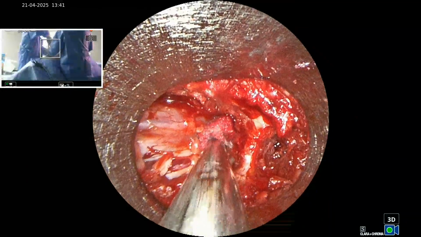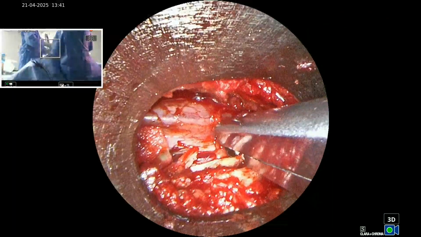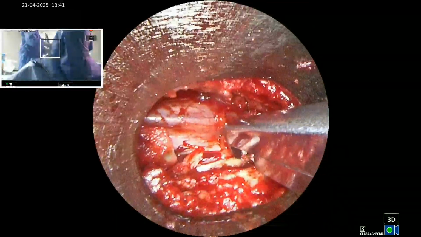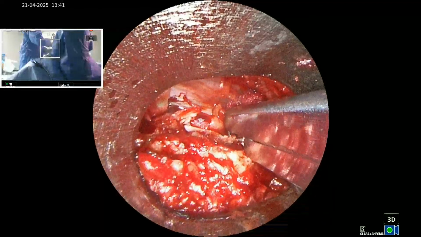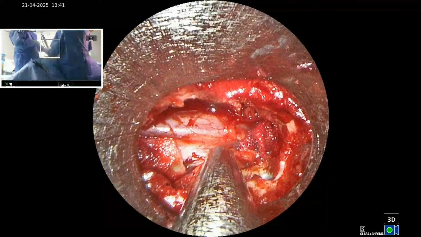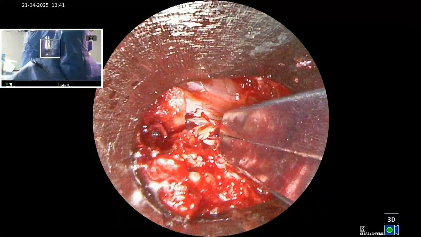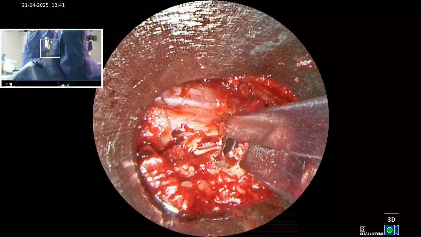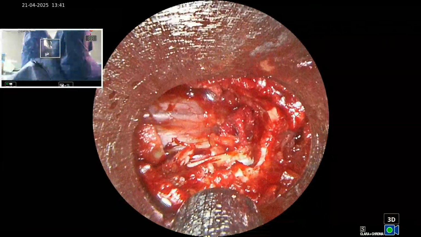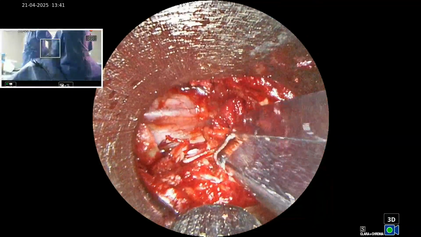The hypertrophic portion of the ligamentum flavum, and below it is the nerve root. So you have to be careful here. These are the hypertrophic portions of the bone, the medial aspect of the facet.